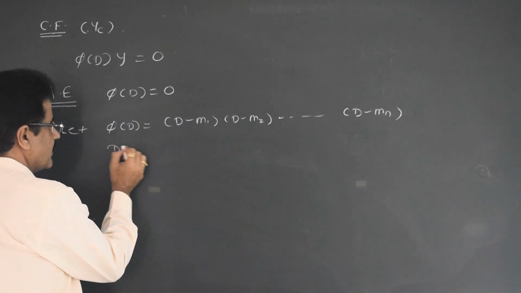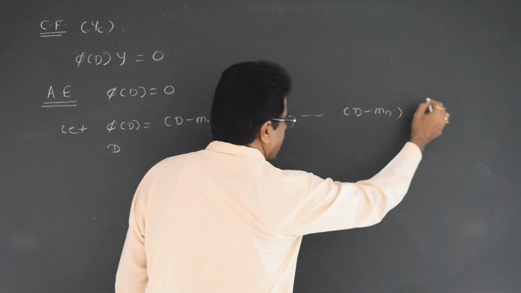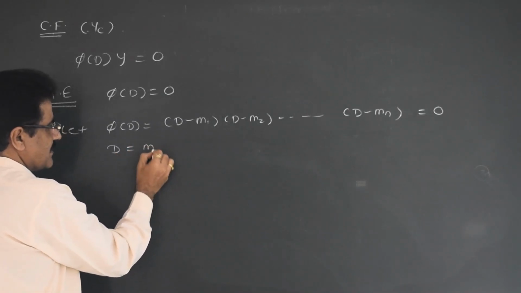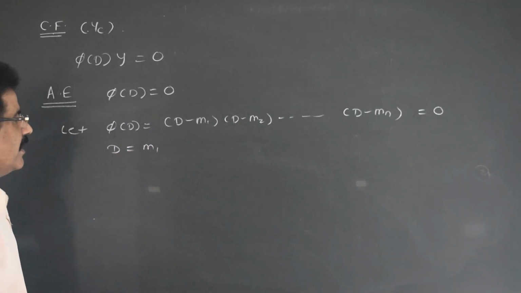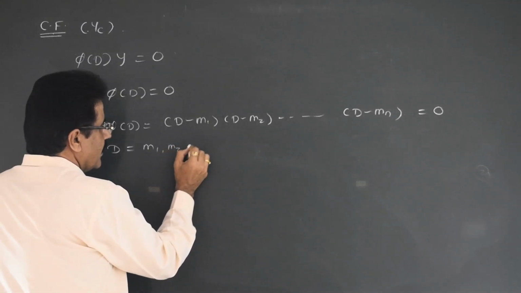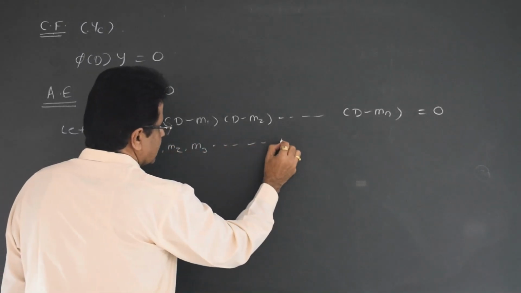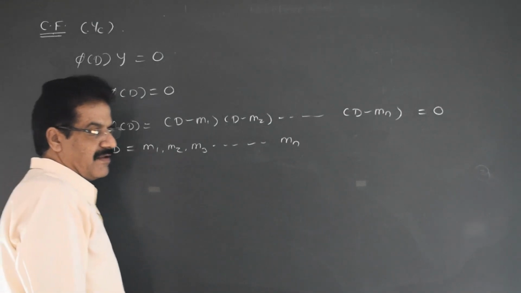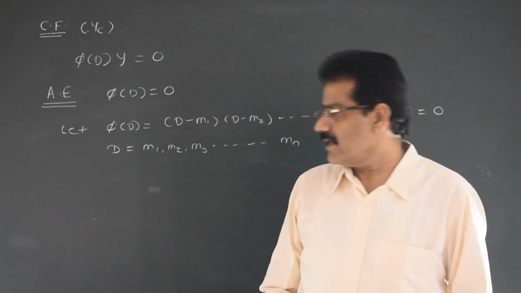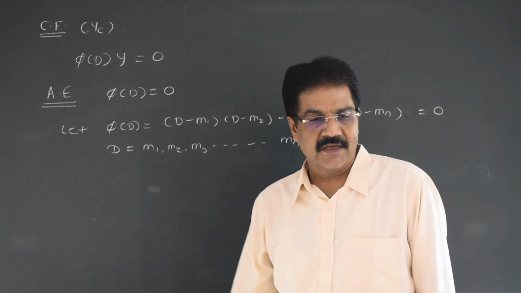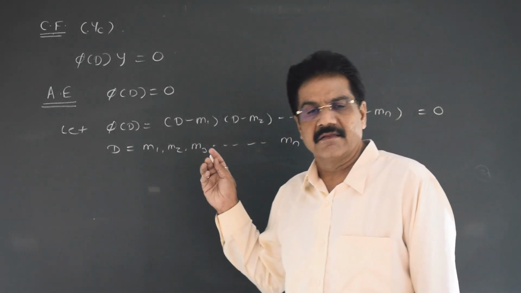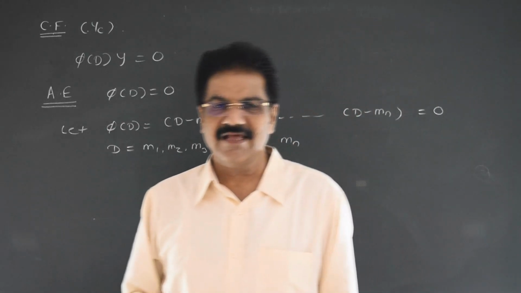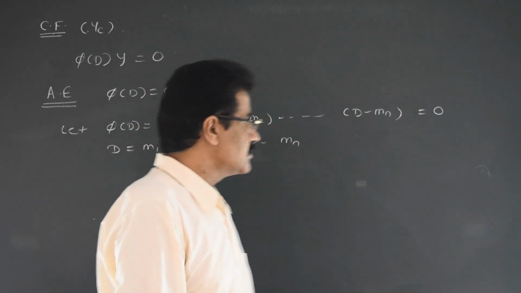If you want to factorize that you have to equate it to 0, and therefore we get D - m1 = 0 means D = m1, D = m2, D = m3, ... D = mn. Whenever the highest order derivative is nth order, you will get as many as n roots. If the highest order is the third derivative, then you will get 3 roots, and depending upon this nature we are going to write down the solution.